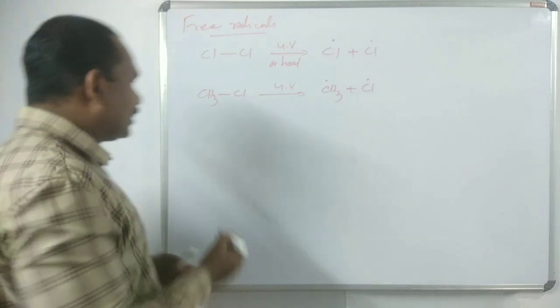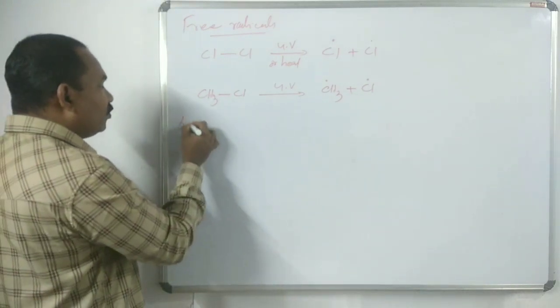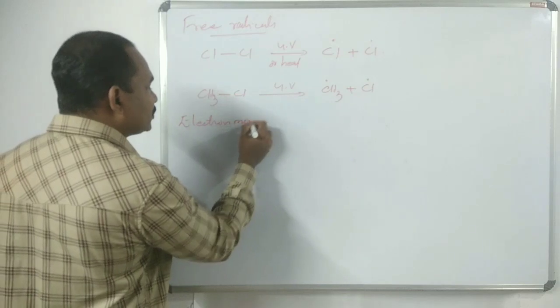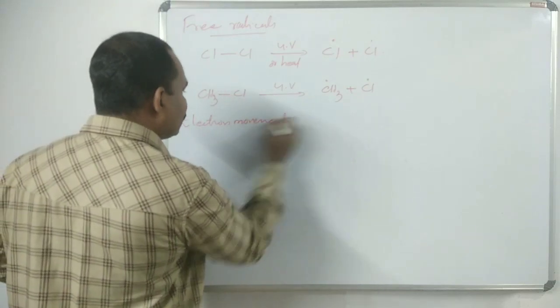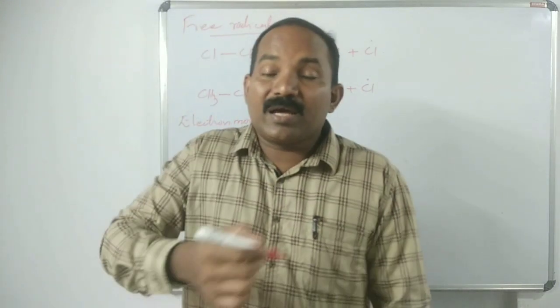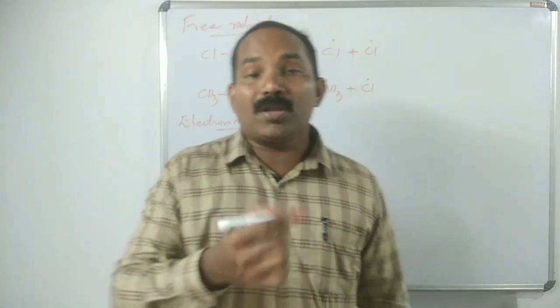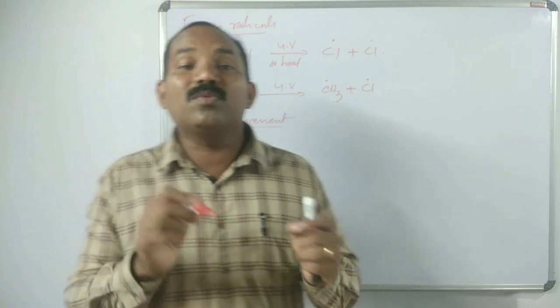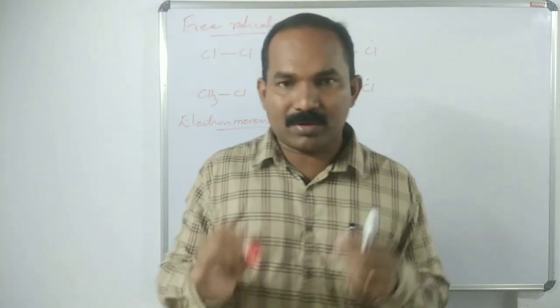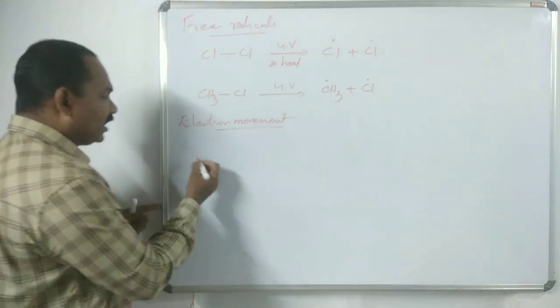The next is electron movements. Electron movement means the pi electrons or lone pair electrons move between the atoms or move along the chain. Let's take one example.